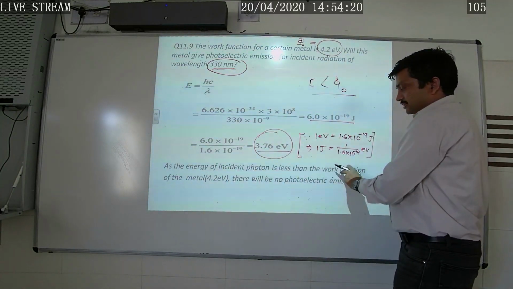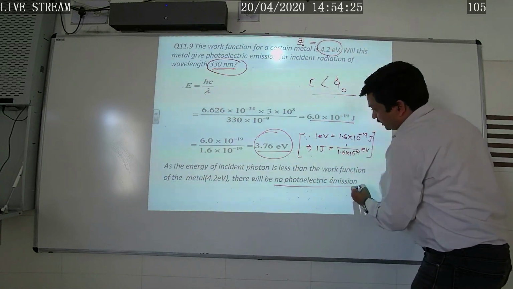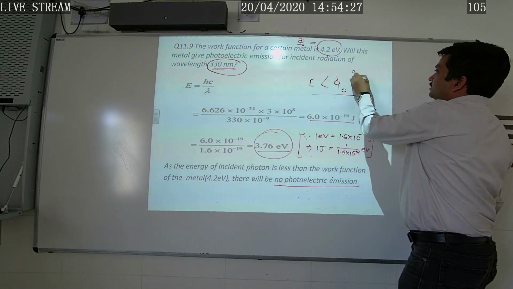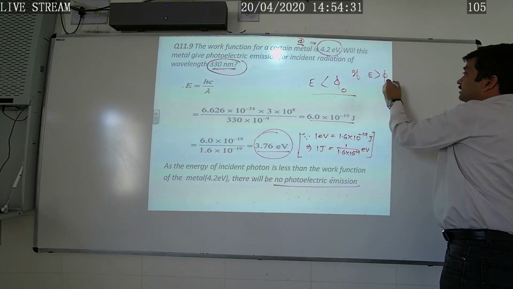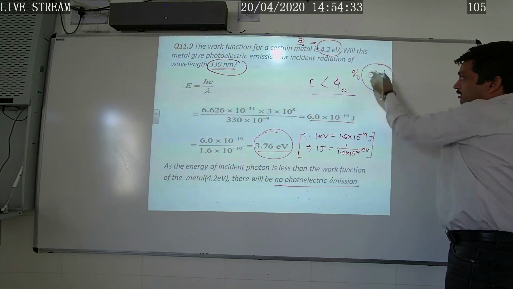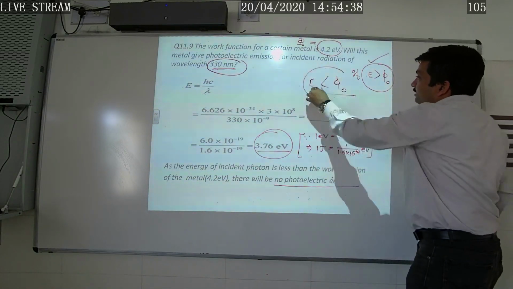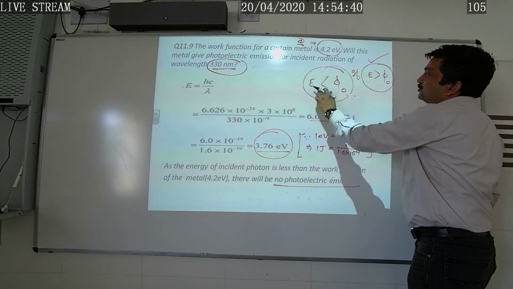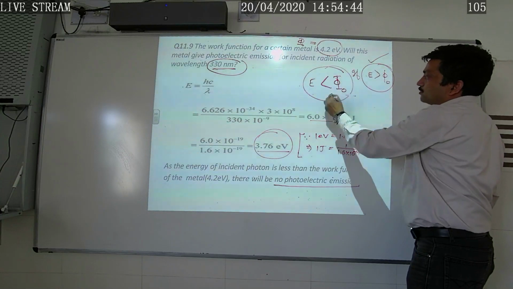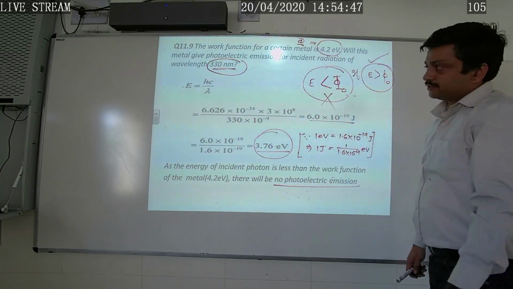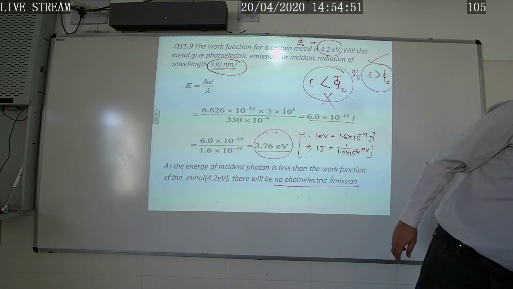And in some other numericals, if E is found to be greater than phi naught, under that condition the photoelectric emission will take place. But here, as the energy of incident radiation is lesser than the work function, no photoelectric emission is going to take place. So this was your exercise 9.